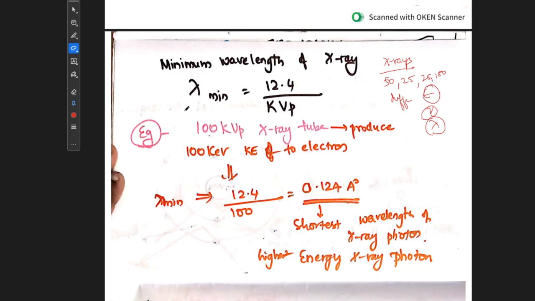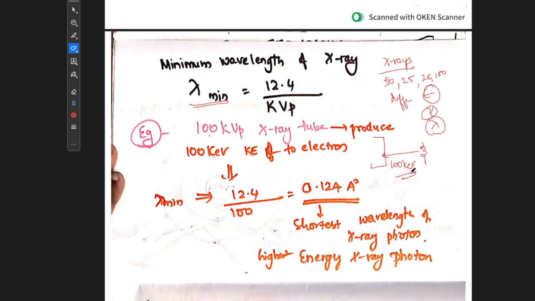The minimum wavelength of an X-ray produced by Bremsstrahlung radiation is given by the formula lambda minimum equals 12.4 by kVp. For example, a 100 kVp X-ray tube can produce 100 kilo electron volts of kinetic energy of the electron. So when we use a 100 kVp tube, the energy of the electron will be 100 kilo electron volts.